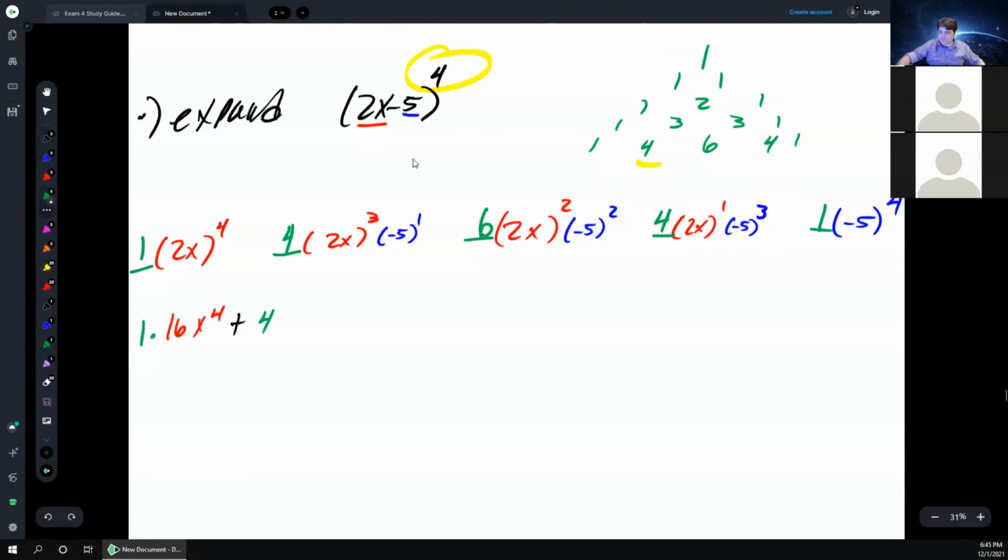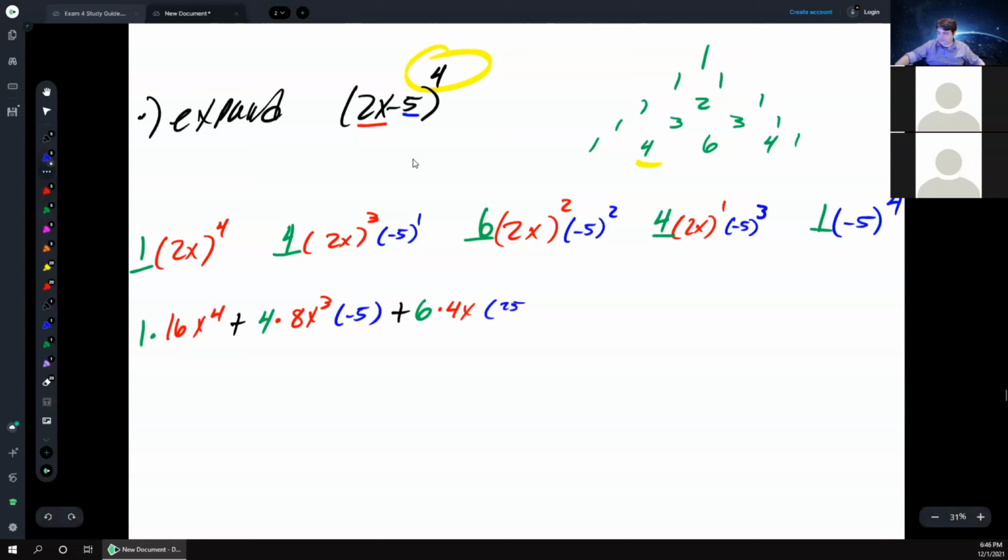So we're going to have 4 times 2 to the 3rd, which is 8x cubed, and we're going to multiply this times a negative 5. Plus here we have 6 times 2 squared, which is 4x squared, times 25.